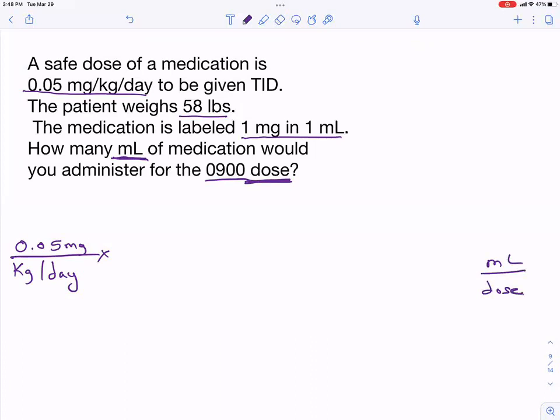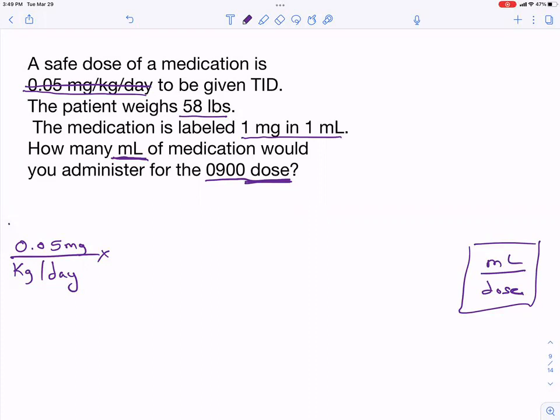All right. So if you know how to start and where you're going, you can figure out that unit path by just plotting things in there to get rid of the unwanted. So it doesn't matter where you start first. So how do I get rid of milligrams and get milliliters? Or do I want to get rid of kilograms first? Or do I want to get rid of day first? It doesn't matter. So let's start with kilograms.